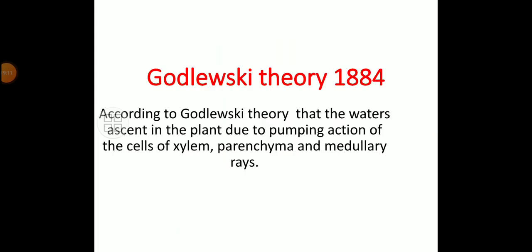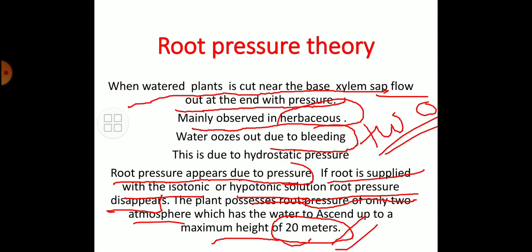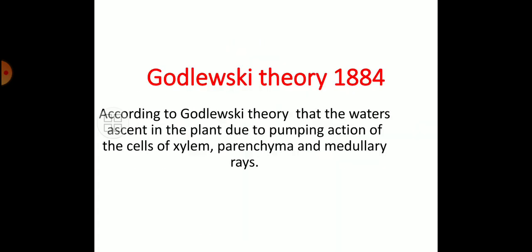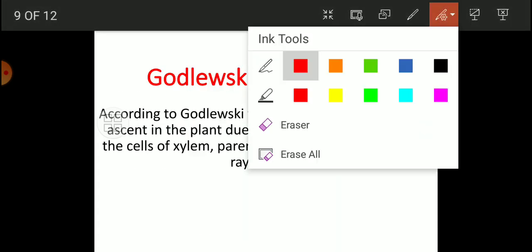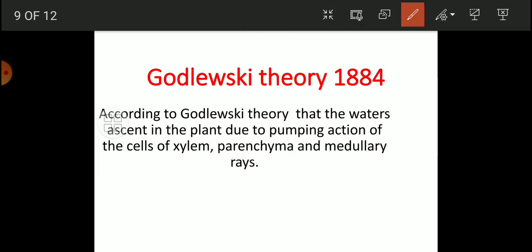Now, the Godlewski theory, which the scientist Godlewski put forth in 1884. According to the Godlewski theory, water ascends in the plant due to pumping action. According to Godlewski, the ascent of sap takes place due to the pumping action of the cells of xylem parenchyma and medullary rays.